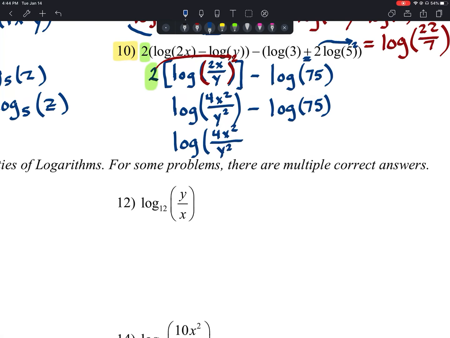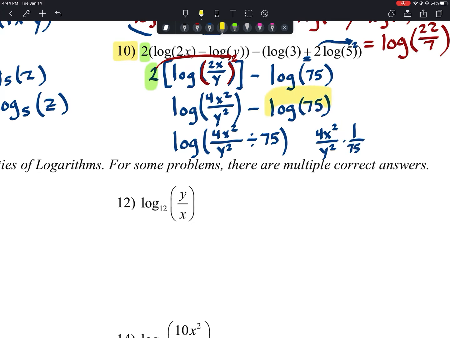And when you're dividing by 75, I'm just going to write this out so you can see it. You don't have to do all this when you're actually doing it. Dividing by 75 is really the same thing as multiplying by 1 over 75. So when you're subtracting a log, this is really like saying times 1 over 75.